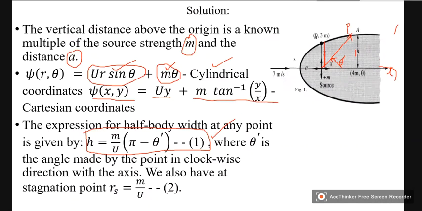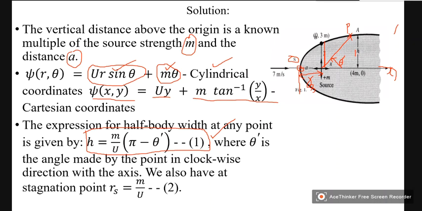Then we know that this point is a stagnation point, because this is the half body and the flow is coming. So this distance, according to our notation, is R suffix S, the radius.